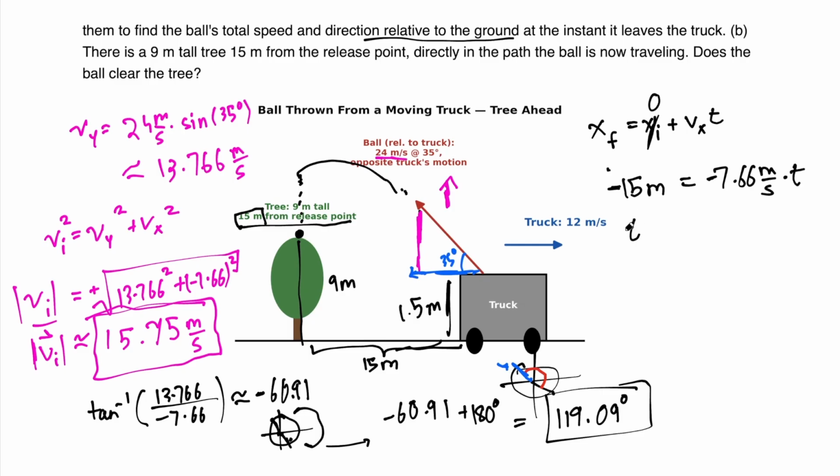So time is just equal to negative 15 divided by negative 7.66, which should give you around 1.95 or 1.96 seconds approximately. Okay, pretty straightforward.